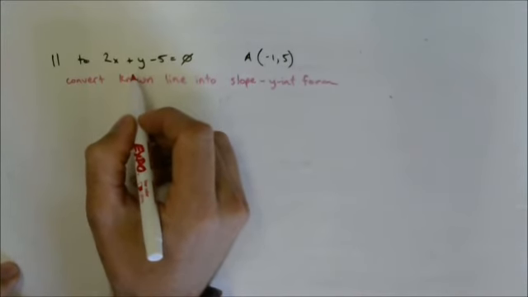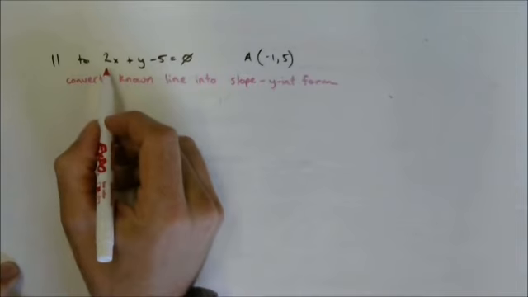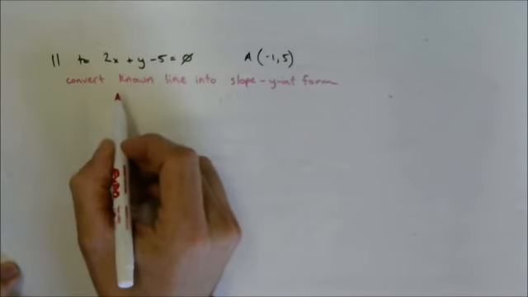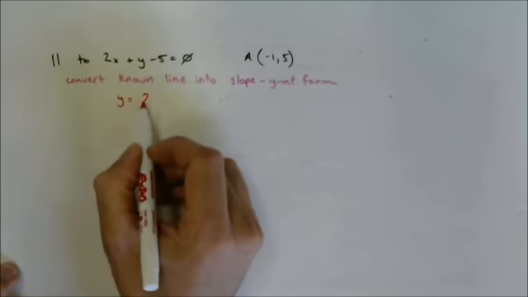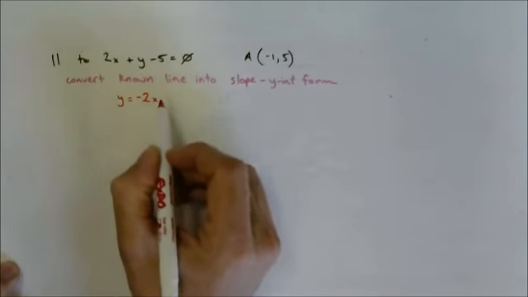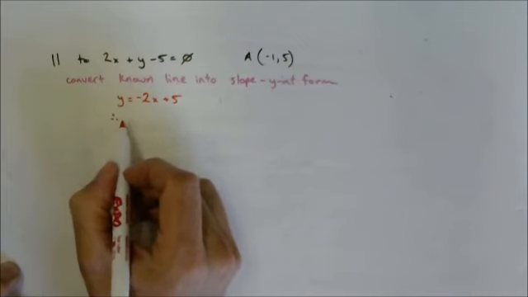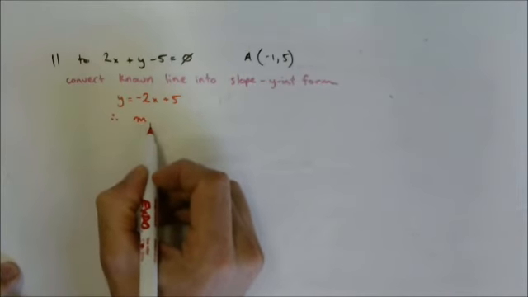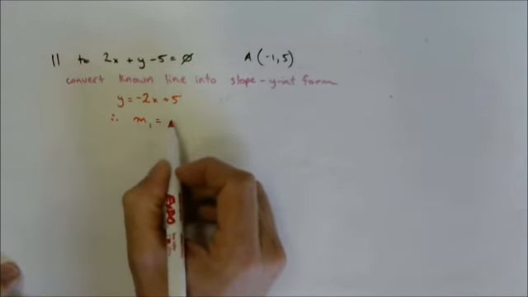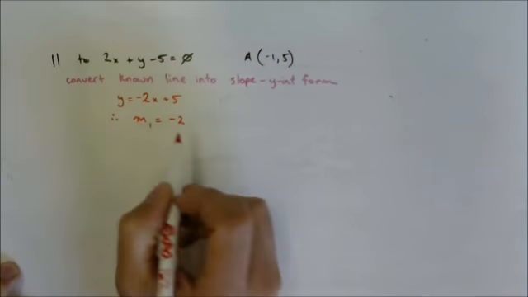So they actually made this pretty easy for us. All you need to do is subtract 2x from both sides and add 5. So you get y equals -2x plus 5. So the slope of this line, slope of line 1, is -2.